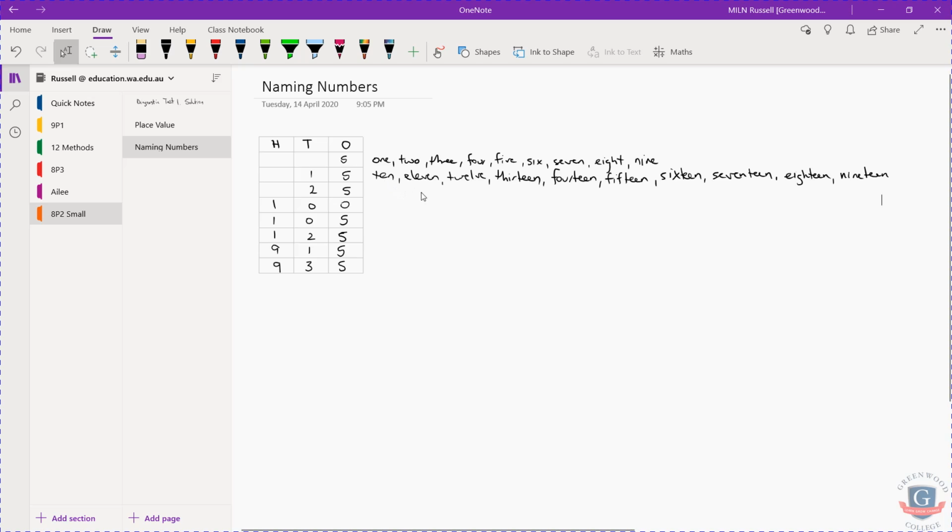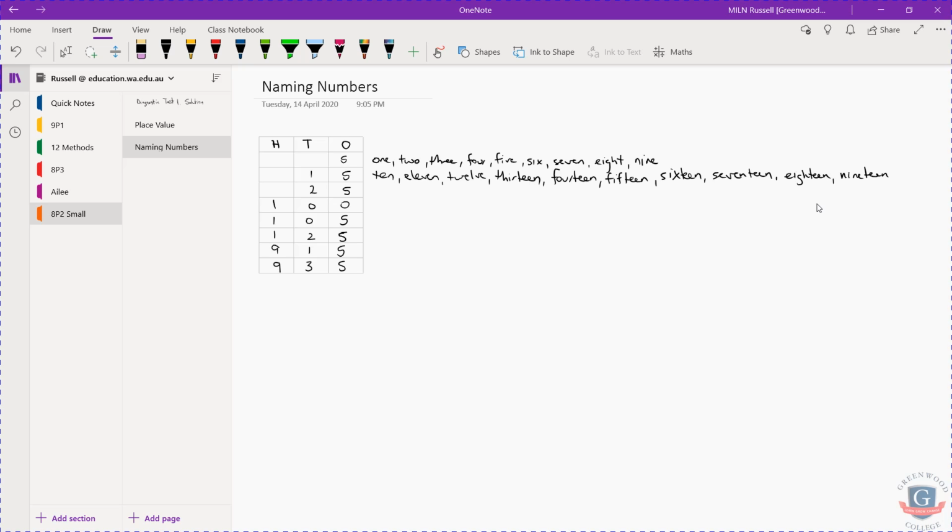Like 10's quite easy. 11 has no tie to 1. 12 has the TW, I suppose, from 2. 13 has the TH from 3. 14 starts to follow a common pattern of 4 and then 14. 15 has no VE in it. 16 looks like 6, 17 looks like 7, 18 looks like 8, 19 looks like 9. And they're the numbers that go from 10 to 19.